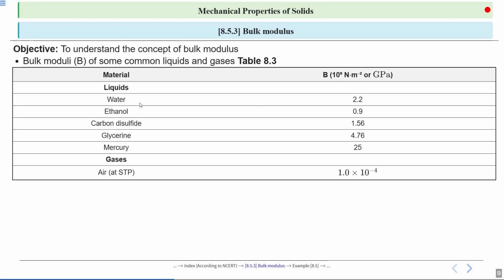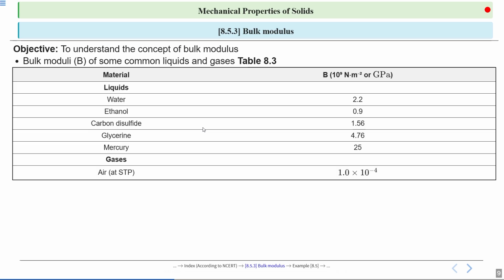Next, the materials: liquids, water, ethanol, carbon disulfide, glycerin, mercury, and gases, air at STP, standard temperature and pressure, and their numerical values of bulk modulus, measured in units of 10 raised to the power 9 newton per meter square.